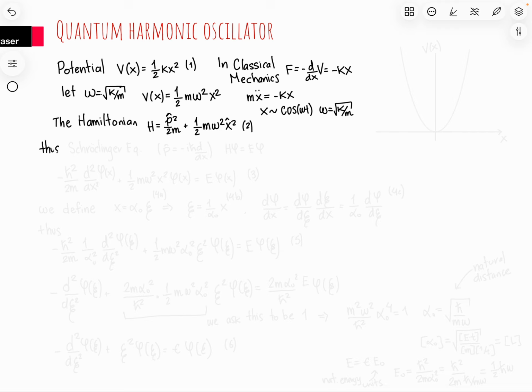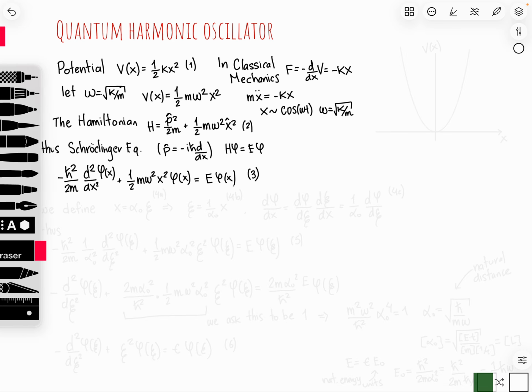And the stationary Schrödinger equation, considering that the momentum is equal to minus i h bar times the derivative in x, and we have to write H phi equals E phi, has this form, right? This is how the Schrödinger equation looks with this potential.